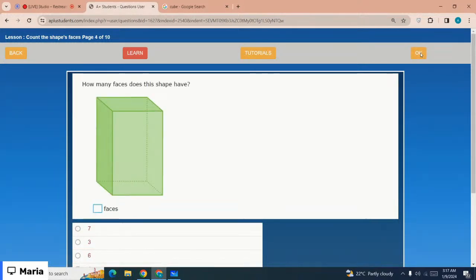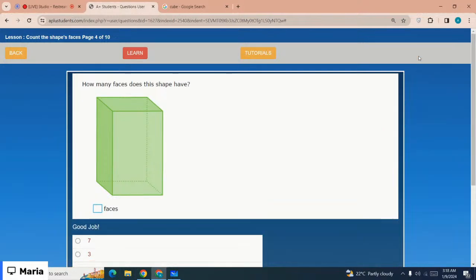How many faces does this shape have? Which is the correct option? Very good. The shape has six faces. The correct option is six.